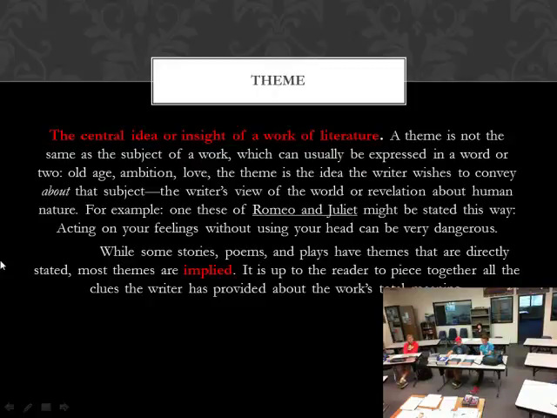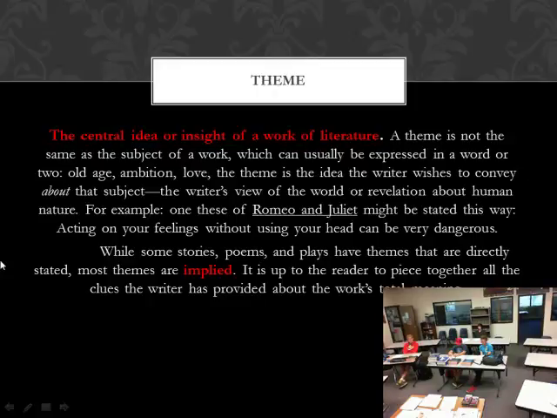While some stories, poems, and plays have themes that are directly stated, most themes are implied. It is up to the reader to piece together all the clues the writer has provided about the work's total meaning. That's what makes it interesting. If the author literally just told you, this is my theme, and now I will write this story to show you my theme, it's kind of boring.